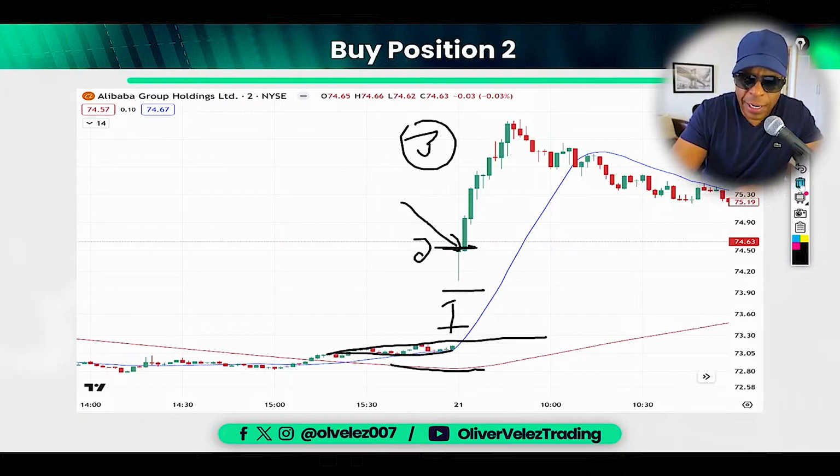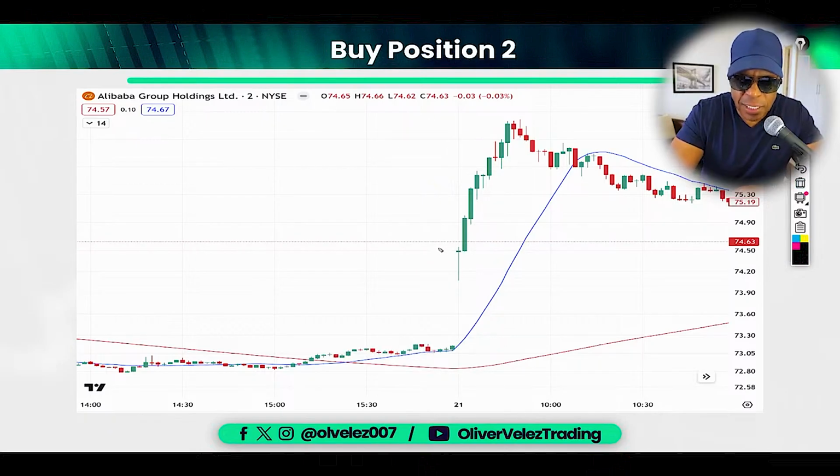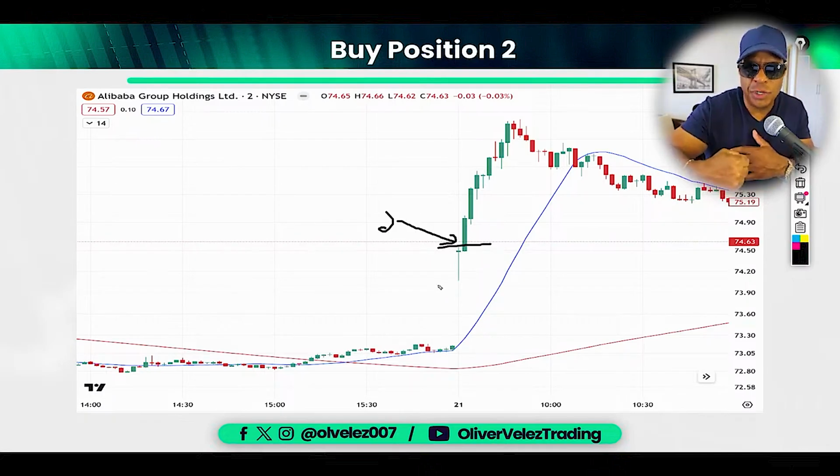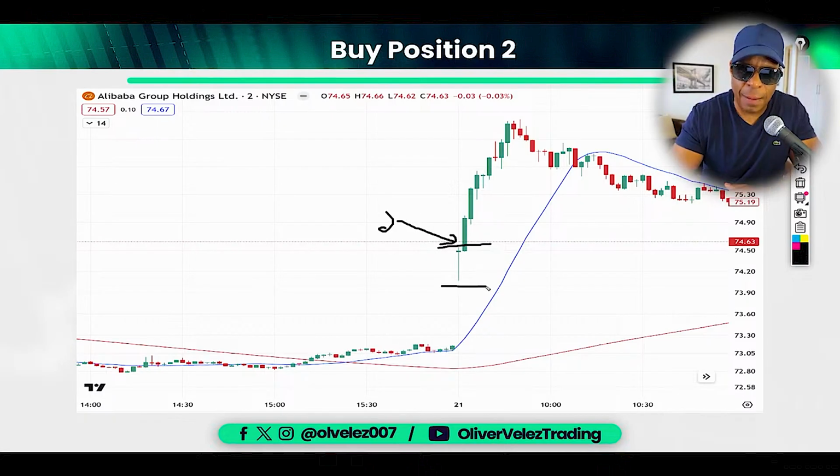Now look at this. This is a perfect example, guys. We're buying above tail bar power. Tail bar power entry. Stop. There is no color change until here. But that would be buying. That color change is in position 3.